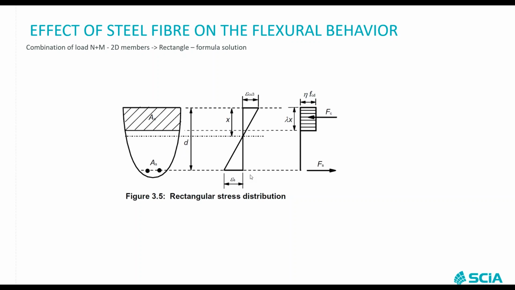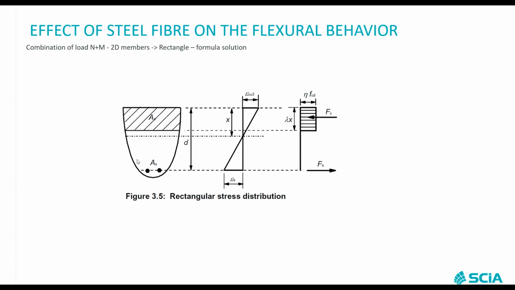And now for the capacity. Probably you are familiar with this figure from the Eurocode. This figure explains how you can calculate the capacity of the cross-section and how you can make the equilibrium inside the cross-section. As you can see from here, you have the tension part supported by the traditional reinforcement, and you have some compression in the concrete.